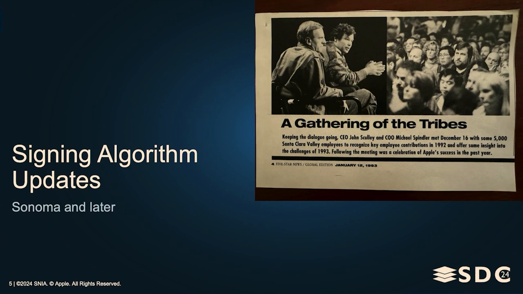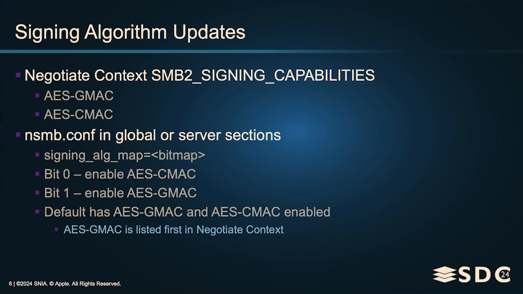So, this is Sonoma and later. We added the new negotiate context for the signing capabilities. We now support AES GMAC, AES CMAC. And we added into the nsmb.conf some ways you can control it. So we have the typical signing algorithm map, so you can enable or disable the various signing algorithms.